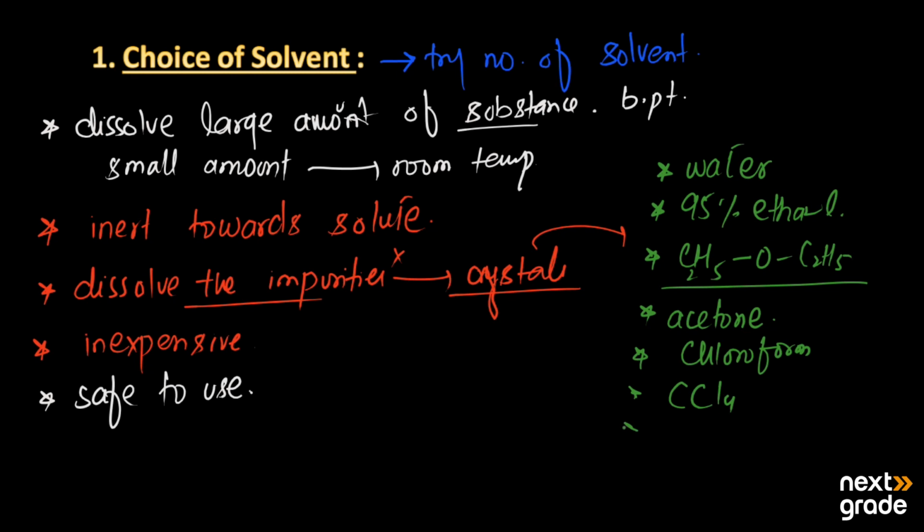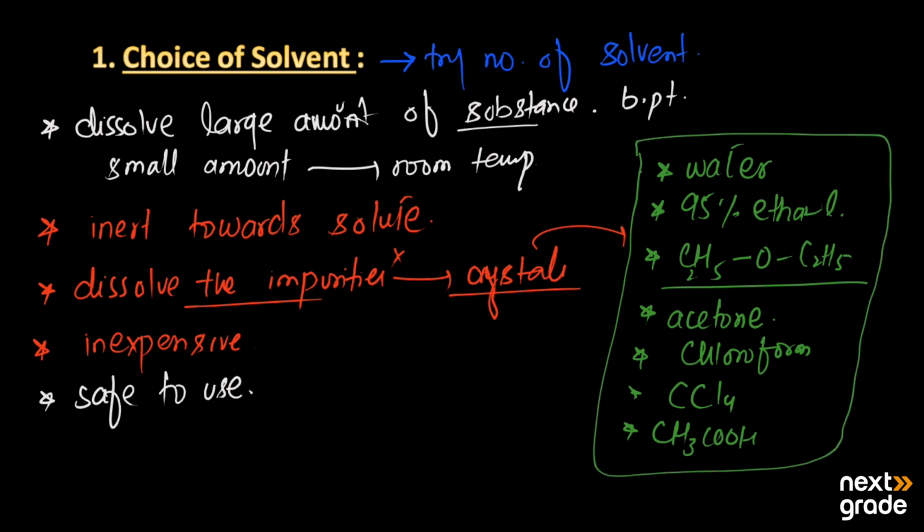We can also use acetic acid, that is CH3COOH. So these are the main solvents that are cheaper, safe to use, and inexpensive. So we can use all these solvents for the preparation of the saturated solution.